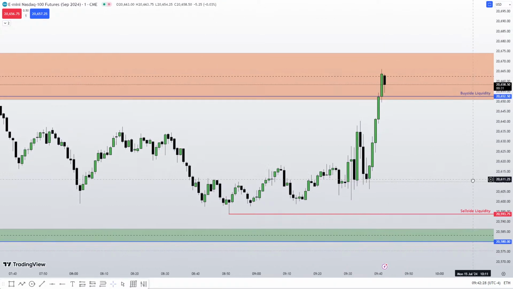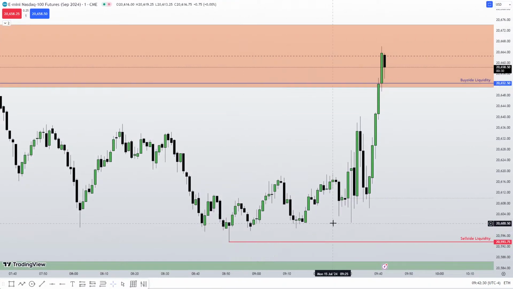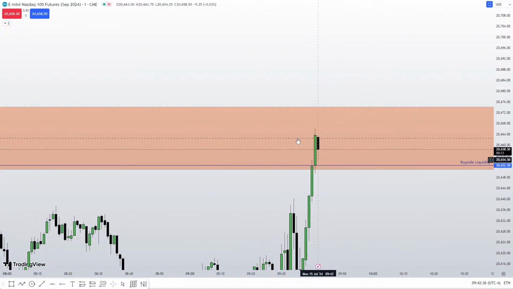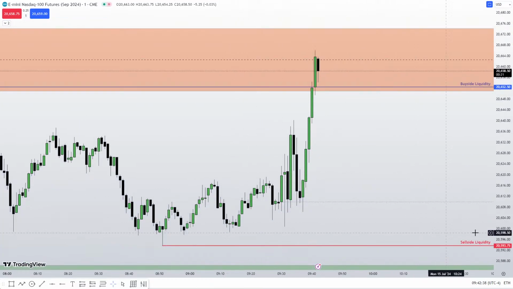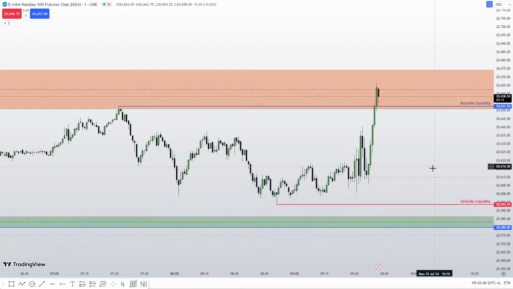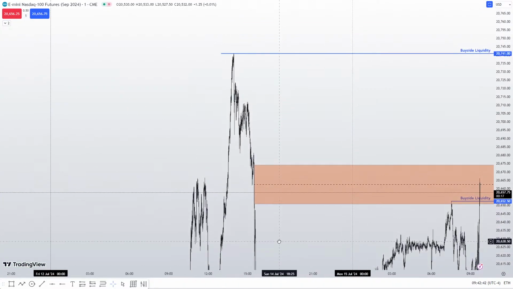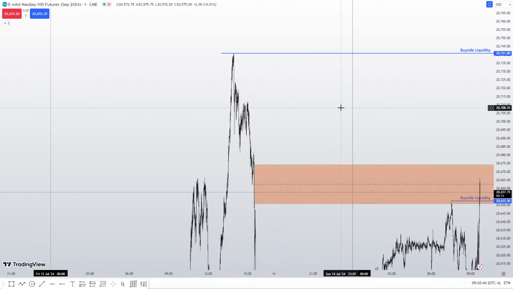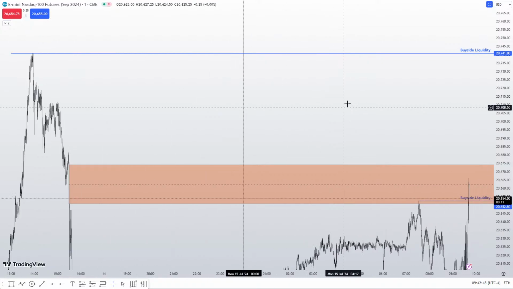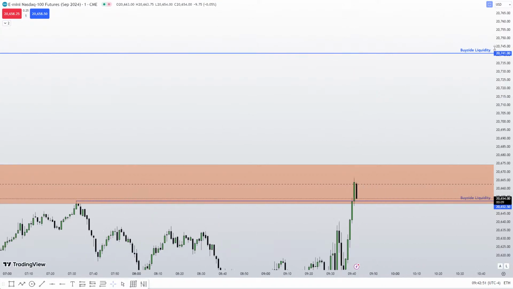Market always leaves behind some liquidity, so these are the low resistance liquidity runs here. If the market gets a chance, it will attack this sell side also. The previous day high is at all-time highs, so maybe the market will not go towards this 741 level, but it's possible because it's just 100 points from here.